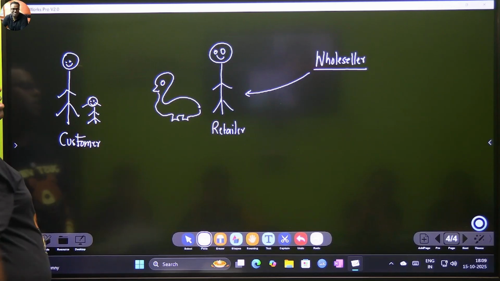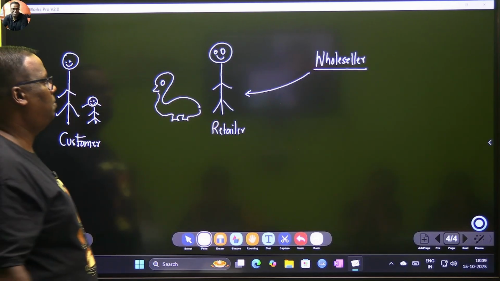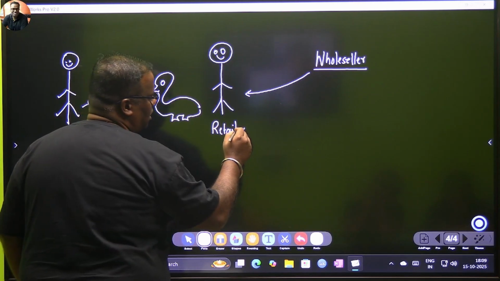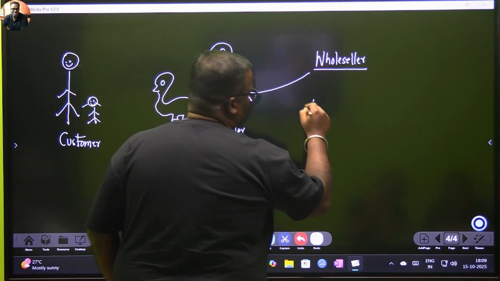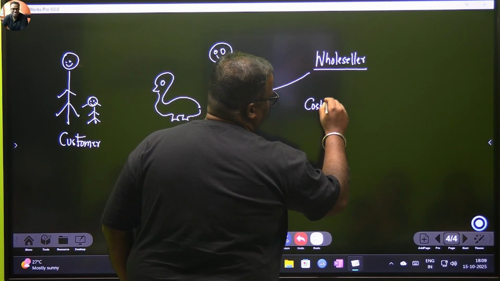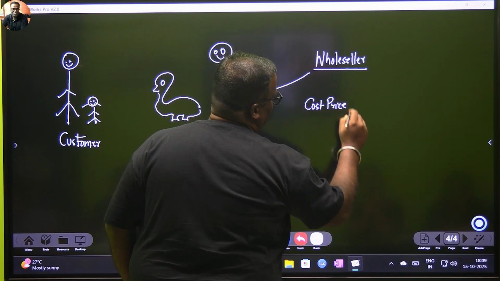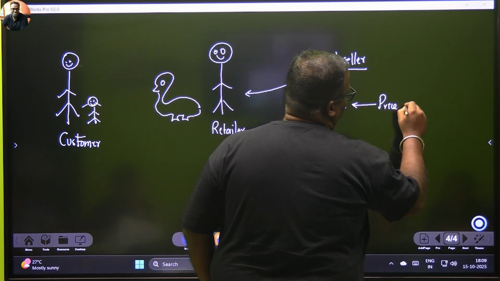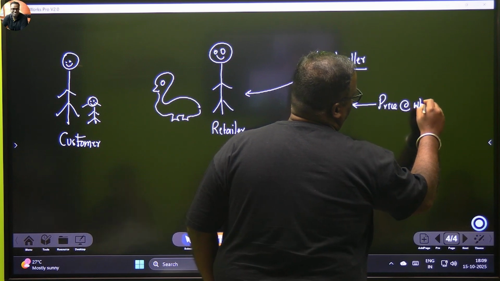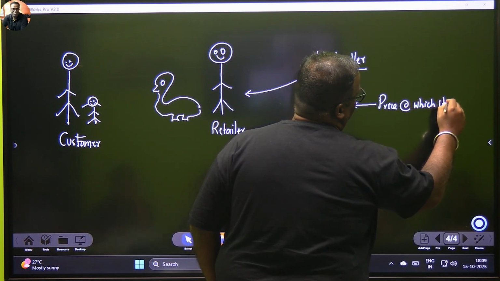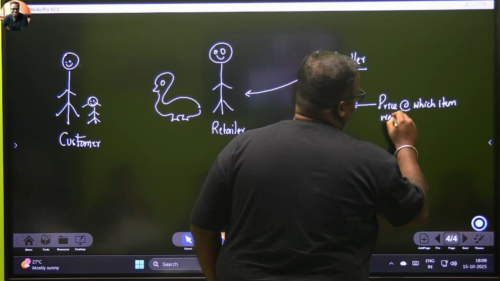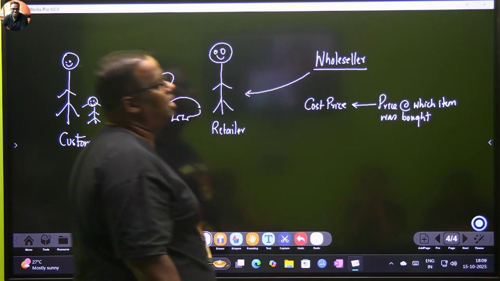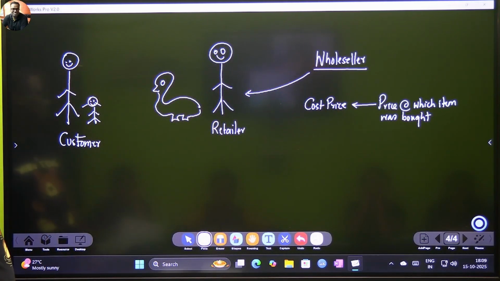Now the price at which this person bought it from the wholesaler is known as the cost price. Cost price: the price at which the item was bought. Have you understood? The price at which the item was bought.